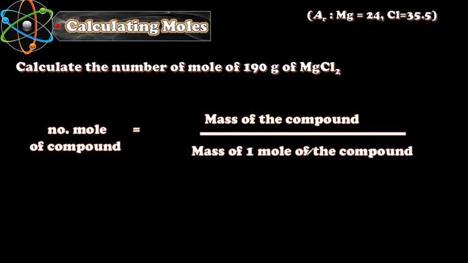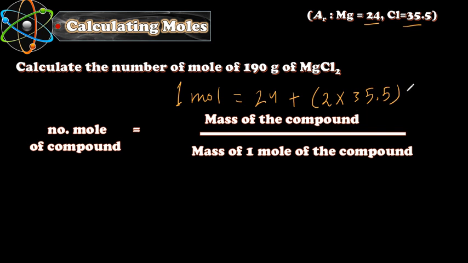First we're going to find the mass of 1 mole of the compound, which equals 24 plus, here we have only 1 magnesium, with relative atomic mass 24, plus chlorine, we have 2 times the relative atomic mass of chlorine, 35.5, and this will give us 95. So here we have the mass of 1 mole of the compound.